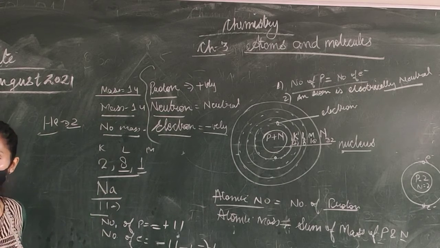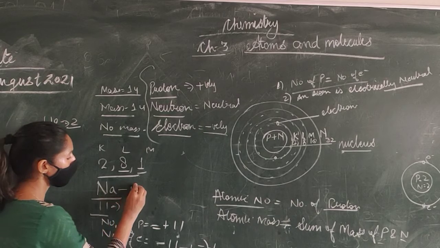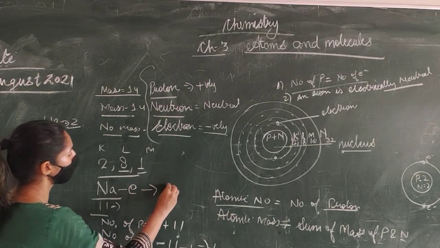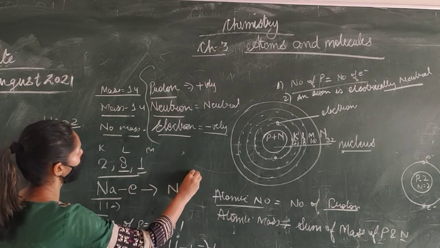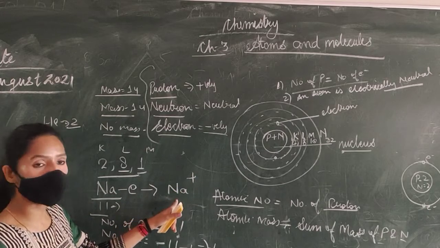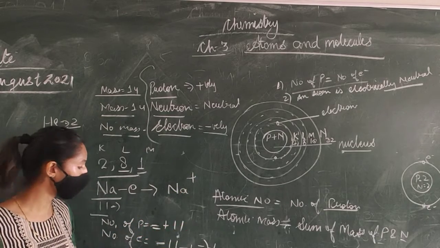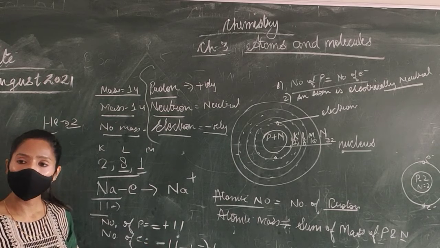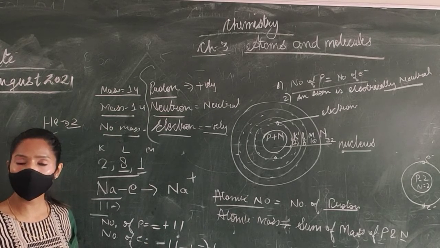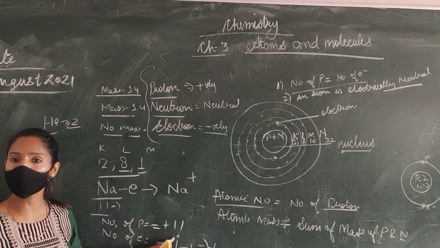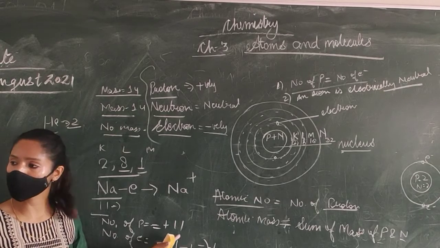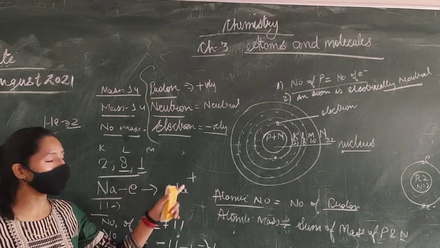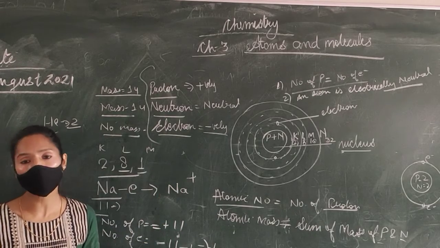Sodium, understood? The sodium will lose an electron and it will become a sodium ion. So why did this plus charge come here? Because if you count plus 11 minus 10, the charge in the sodium is plus 1, because 10 will be cancelled out and 1 will be remaining. That's why it will become a positively charged ion.